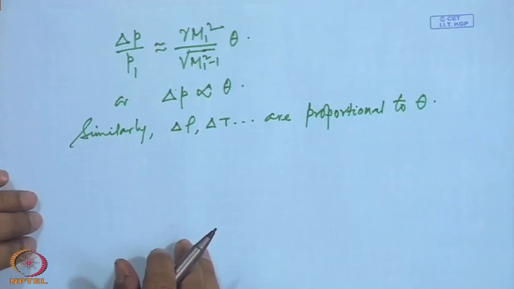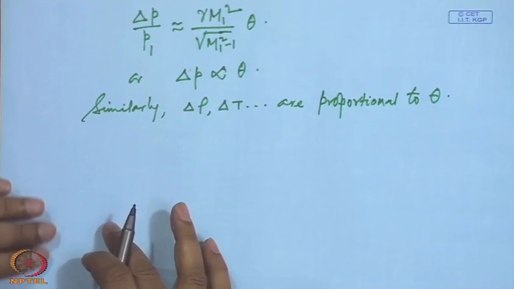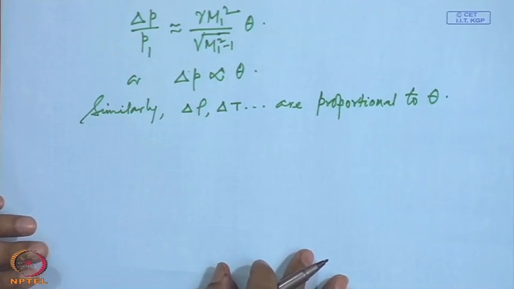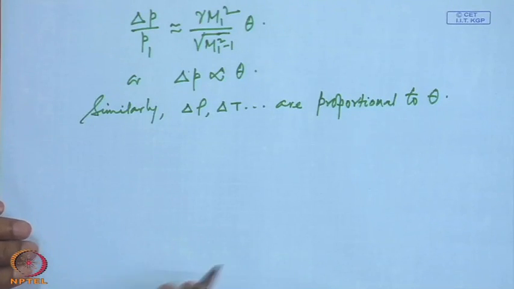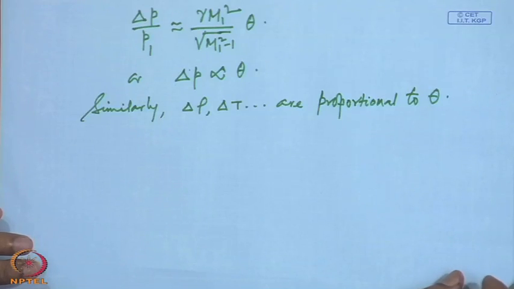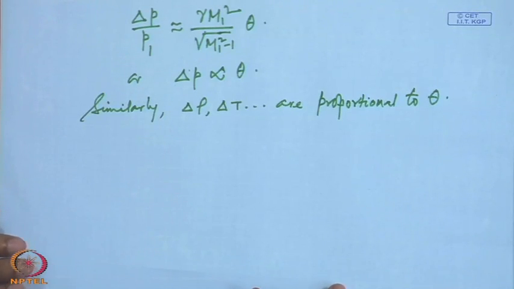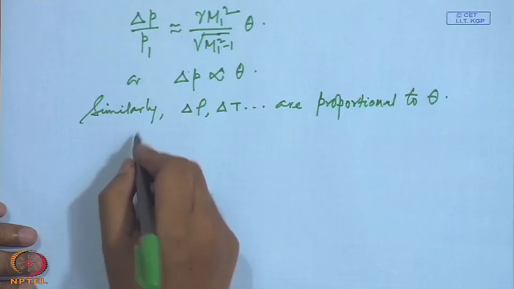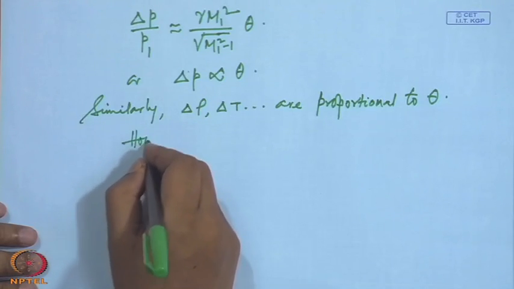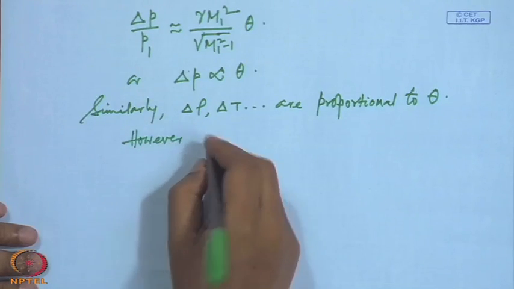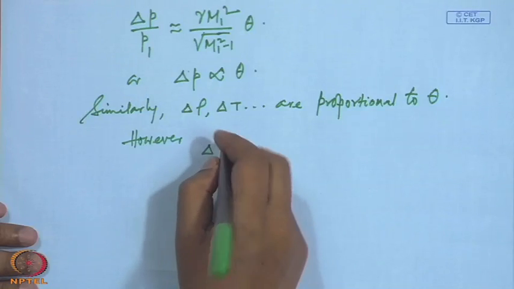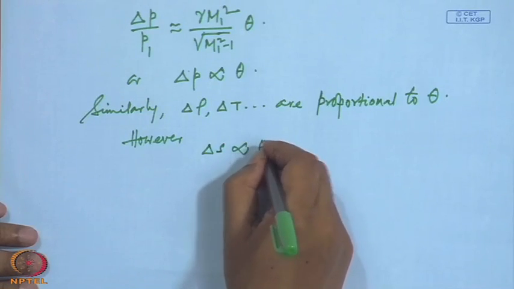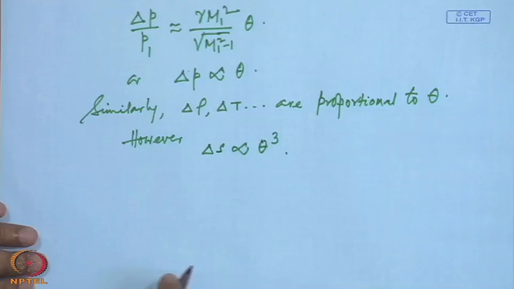However, we have earlier seen that the change in entropy across a weak shock is proportional to the third order of the shock strength, which we have seen in case of normal shock, and the same applies for oblique shock also, and hence the change in entropy delta S is proportional to theta cube.